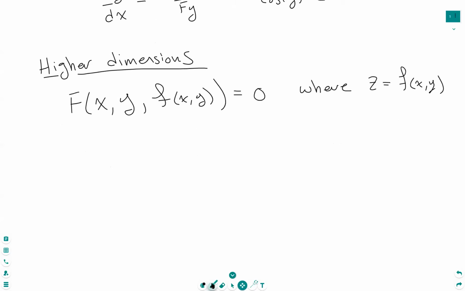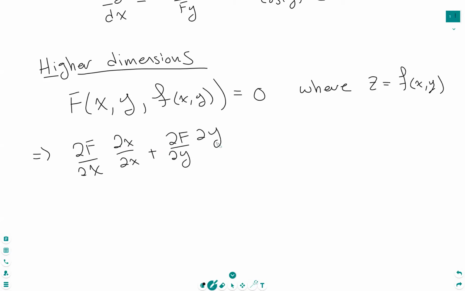So when I do the chain rule through this, I can find that partial F, partial x, partial x, partial x. So I'm doing an x derivative through here, plus partial capital F, partial y, partial y, partial x, plus partial F, partial z, partial z, partial x is equal to 0.